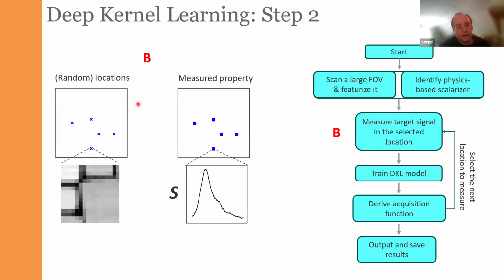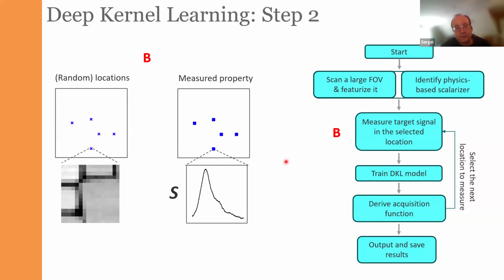The way we do that is we take our exploration space. It can be several patches, several molecular candidates, or several trajectories. We take those special locations and measure the properties of those locations. The property has to be a scalarizer function. So we can measure a spectrum and then calculate it, or we measure the scalarizer directly if it is something that can be directly measured.